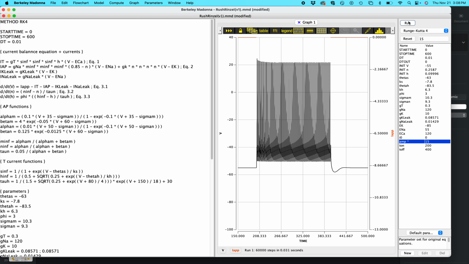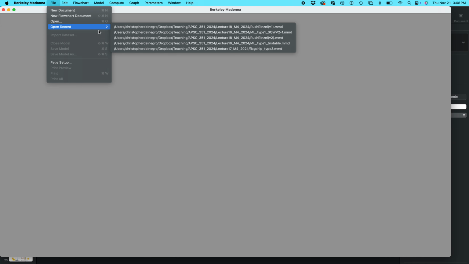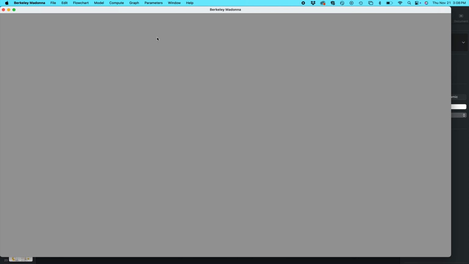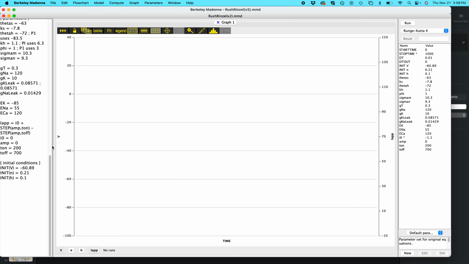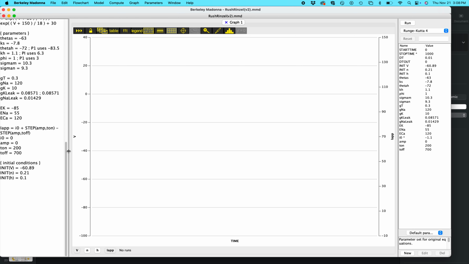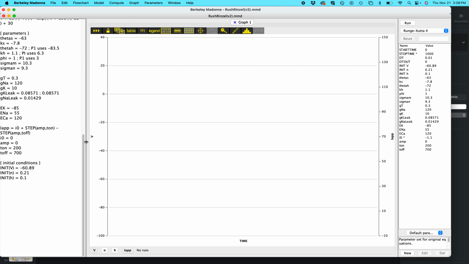Now shall we go to parameter set 2? The model looks basically the same, except I should have theta H, KH, and phi different.